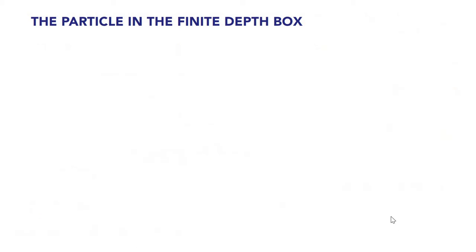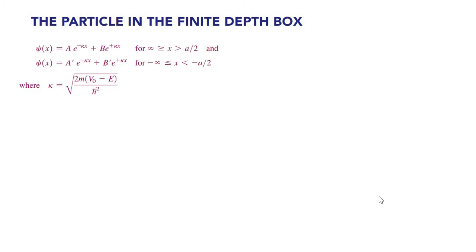Now, solving the Schrodinger equation, we have set up the equation. Of course we will skip the mathematical details of solving it, but if you see the results, initially as the solution of the Schrodinger equation we get two sets of equations.